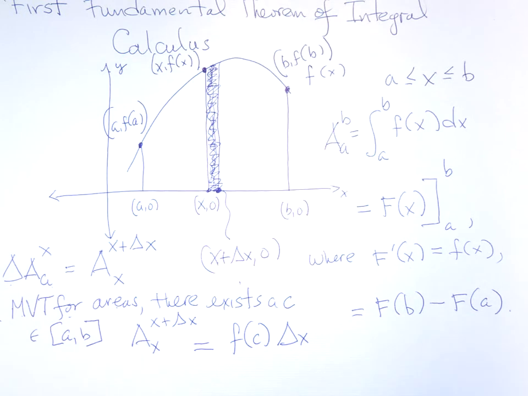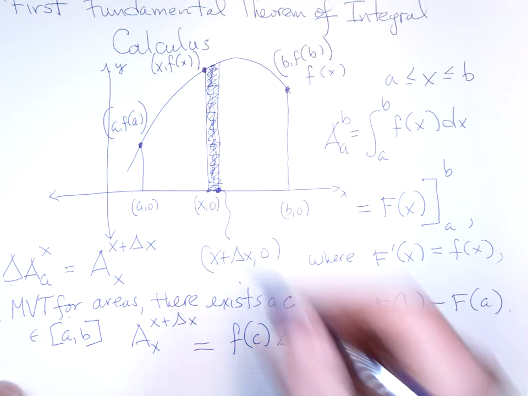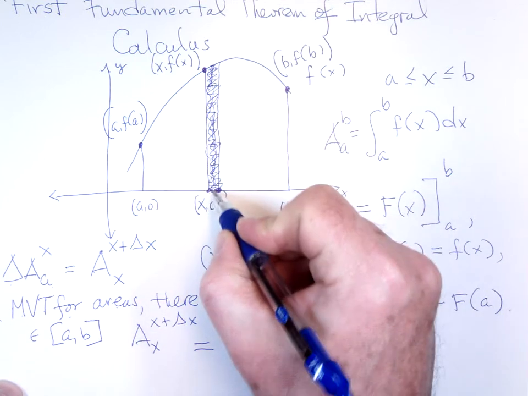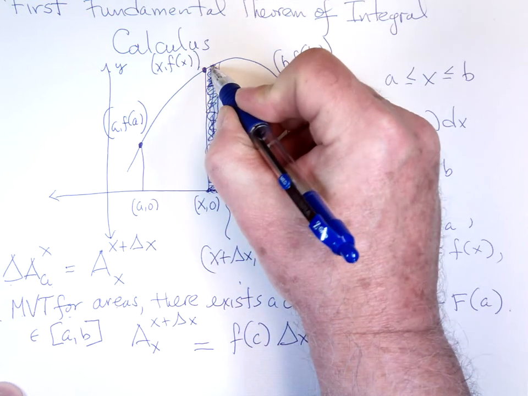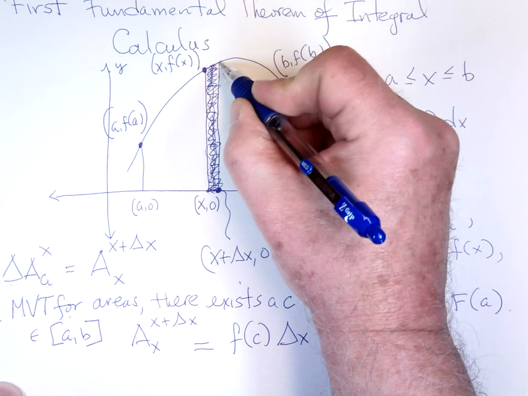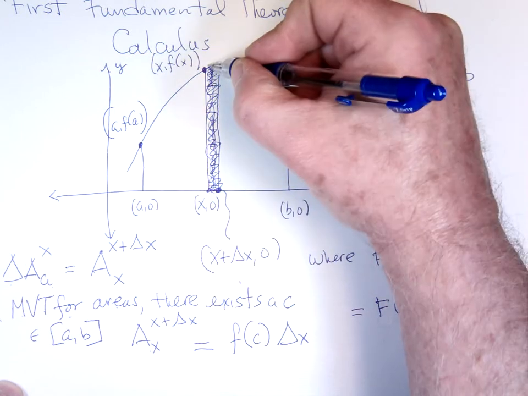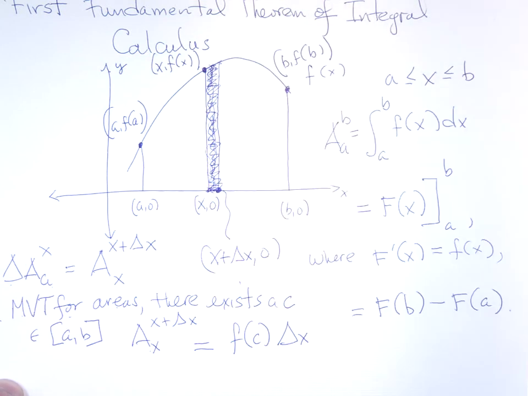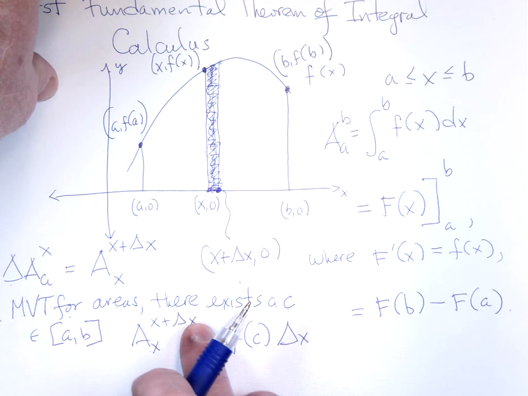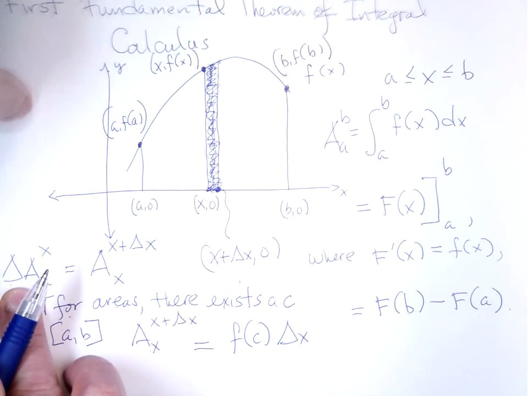Okay, so here's what I have. Does that make sense? I've got this thing here, and I know there's a c in there somewhere where the area under this piece of the curve right here is equal to f of c times the width delta x, which is our b minus a from before. So this area from x to x plus delta x, I'm going to replace it with our change in area from a to x. So here's what I have right now.